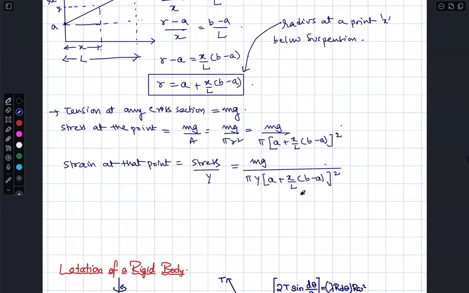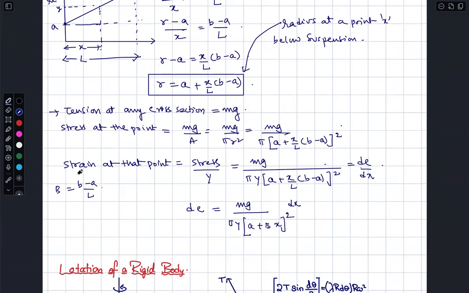That is the strain at that point, which can be given as dL by dx. Elongation at that point: dL is mg by pi Y r square dx.